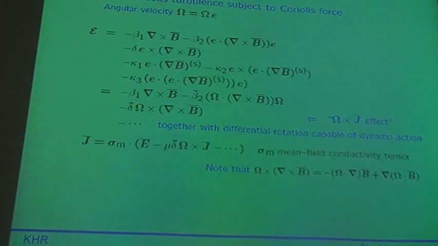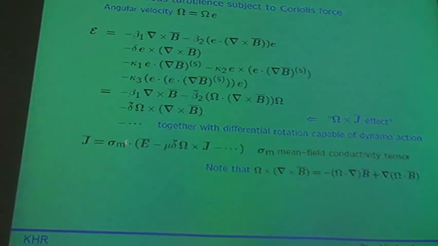Okay, consider the case of Coriolis forces. Then you have this other complex form of the mean electromotive force. You have again two beta coefficients, and if you go to Ohm's law, you can put them into the mean field conductivity, which is again tensorial.